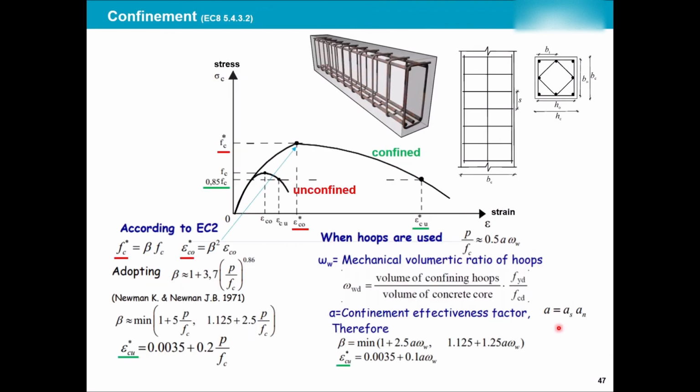Now, confined and unconfined, as you can see in the stress-strain relationship. Confined gives a massive ductility as well as a massive strength. If a concrete column or beam is not properly confined, you can see the ductility is very low and the strength is very low as well.